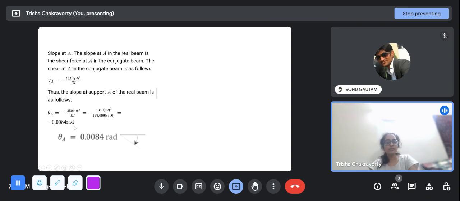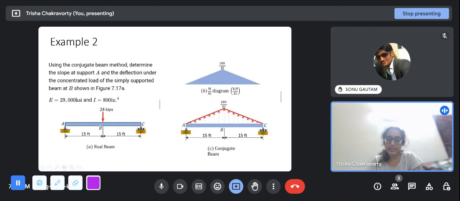Also remember that you are getting the answer in radian, don't write degree, because radian is the natural unit. If you follow this method you will get radians, and the deflection you will get in whatever unit of length you have put. Here you will get feet basically, and I is given in inches, so we have to be consistent.